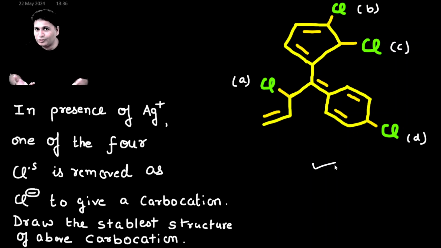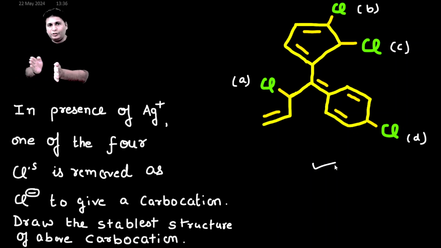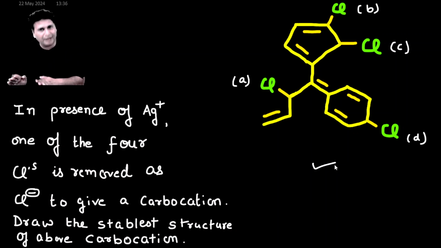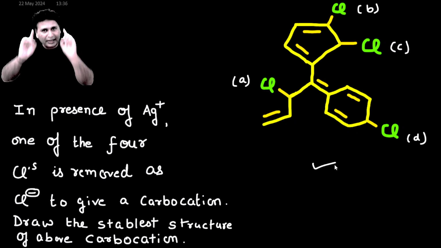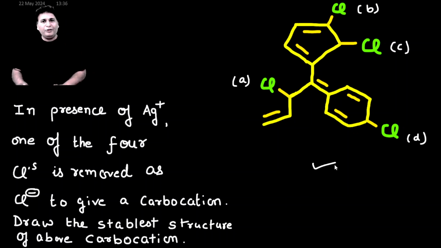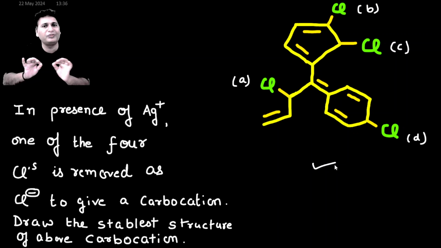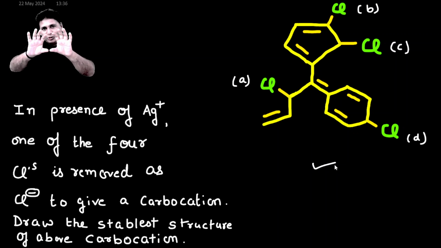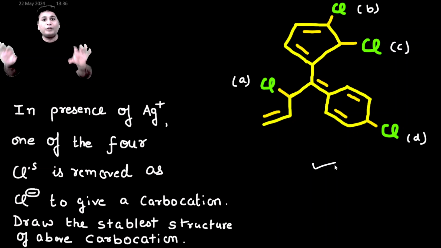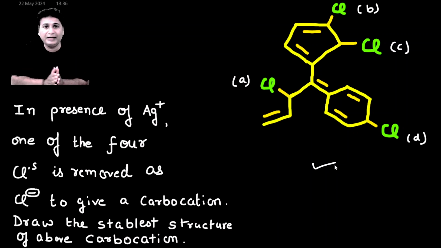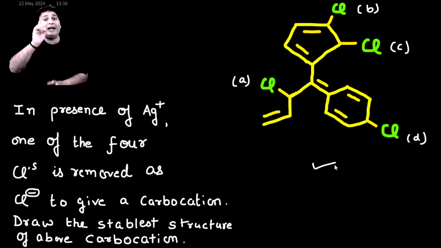So one by one you have to remove A, B, C and D Cl-, make the carbocation, check the stability of the carbocation, and make a hierarchy. The one which comes first, the best carbocation in terms of stability, that Cl- is going to be plugged by Ag+ out of the 4 opportunities.